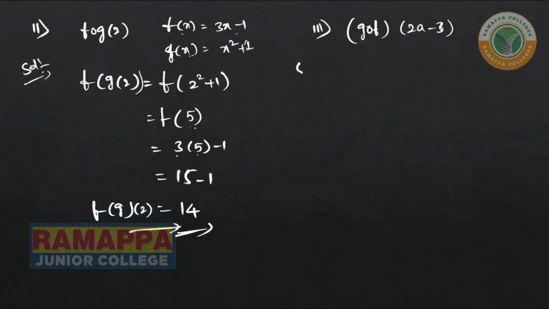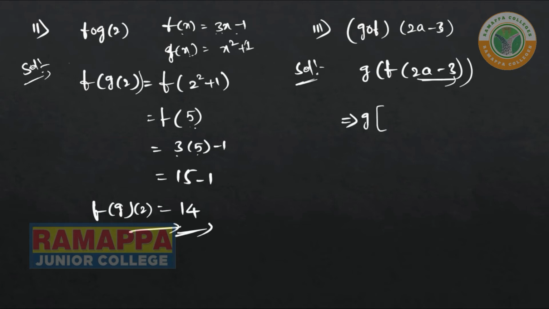Now the third question, solution. The question given is g of f of 2a minus 3. So we have to substitute the value in f of x. If we substitute that, it will become g of 3 into 2a minus 3 minus 1.